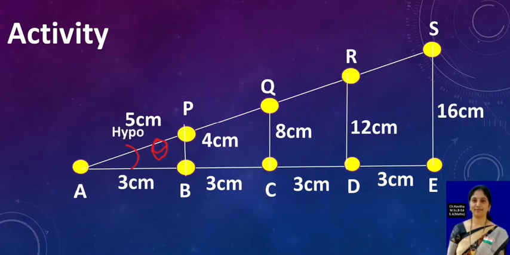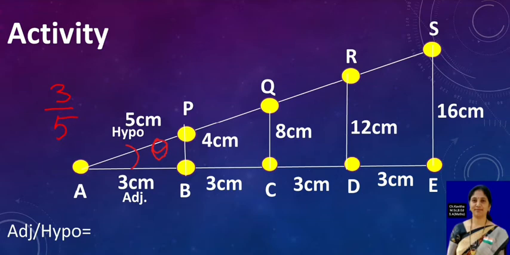So here AP becomes the hypotenuse and AB becomes the adjacent side. Now adjacent by hypotenuse ratio we are finding. So what is the ratio here? Just tell me the value. Adjacent is 3 centimeters by hypotenuse is 5. So 3 by 5 is the ratio value.